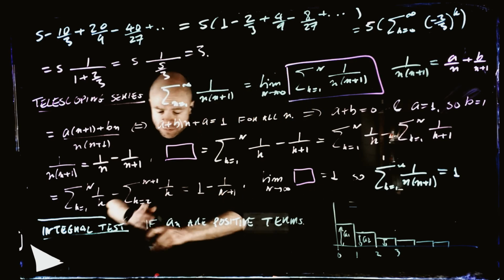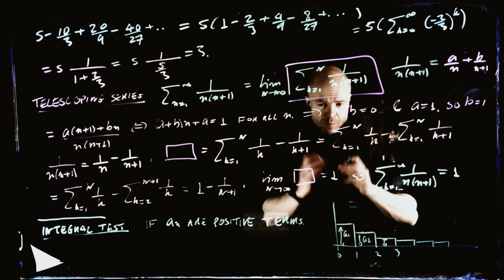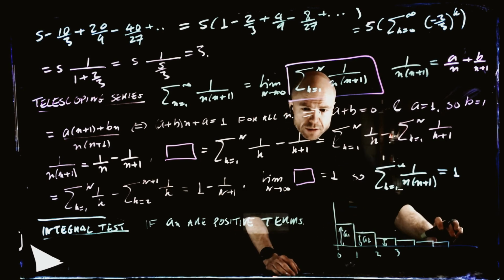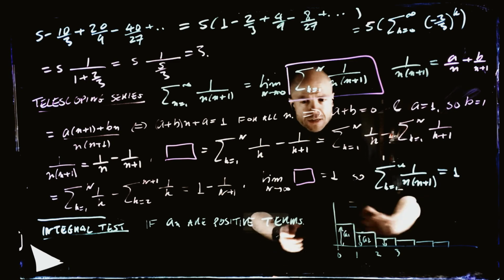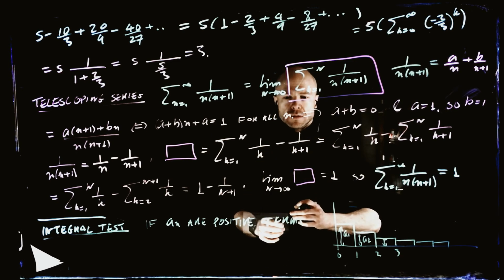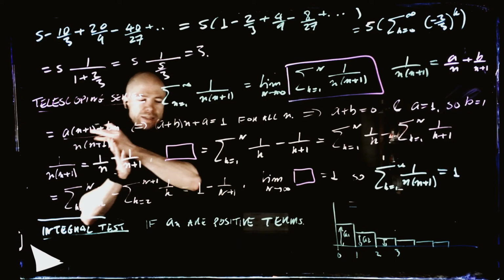Cool. So one of the natural things we can do is simply create a function that looks an awful lot like this, and then ask ourselves, what about the area underneath the graph of the function that looks an awful lot like this? And it turns out that these things are entirely connected.